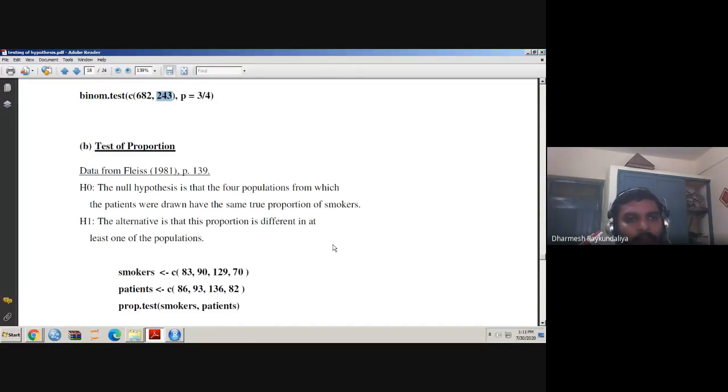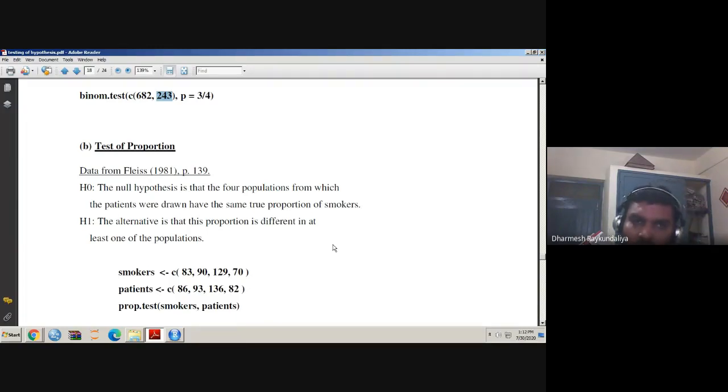That means P1 is the proportion of smokers in the first hospital or region, P2 is the second, P3 is the third, and P4 is the fourth hospital. The null hypothesis is P1 equals P2 equals P3 equals P4. It means the proportion of smokers remains the same across the hospitals.